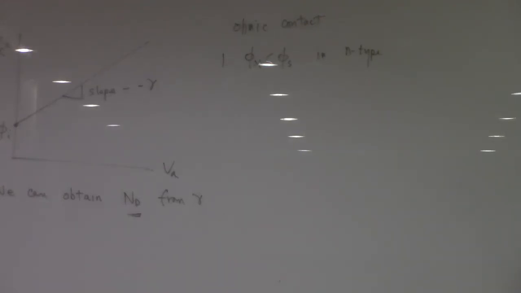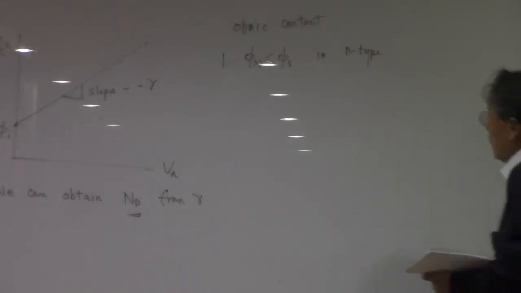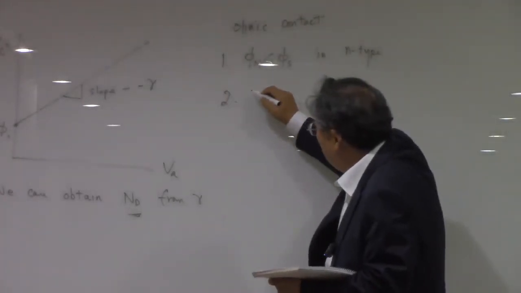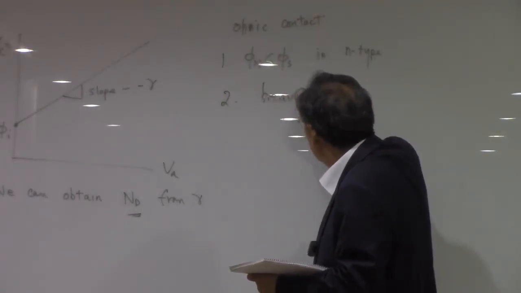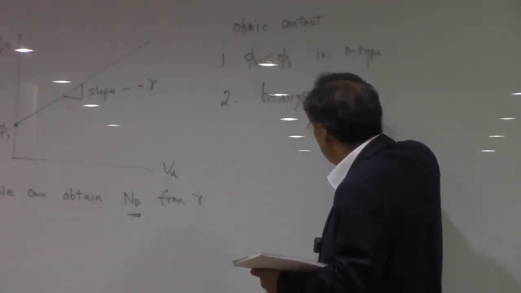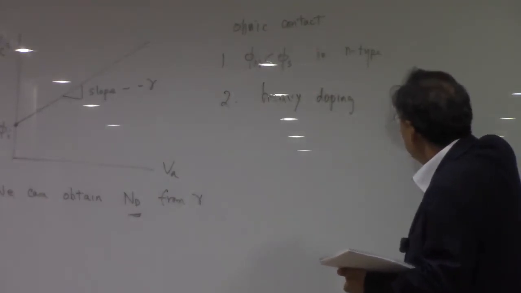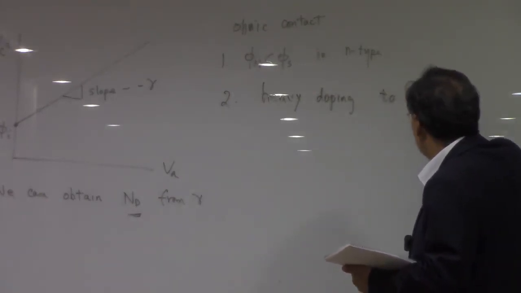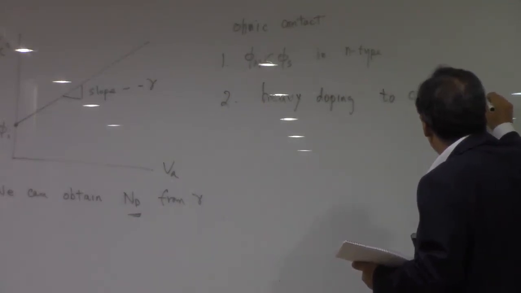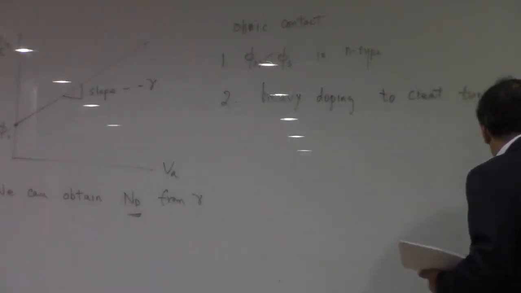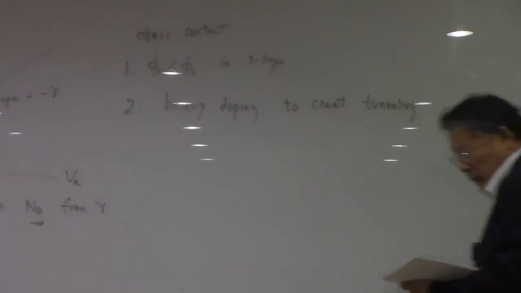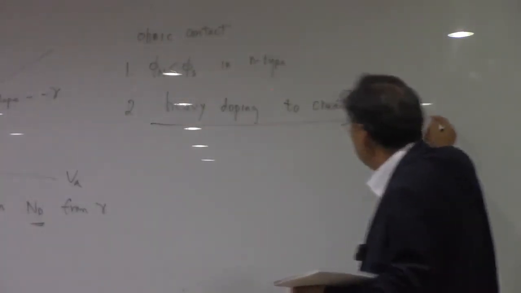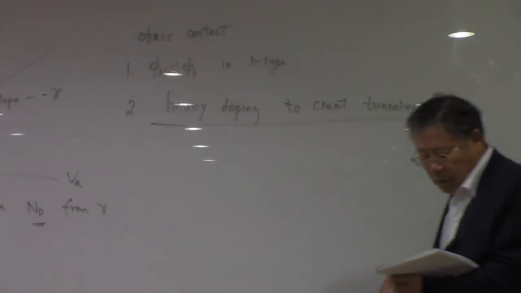Or if you have a heavy doping, then you're going to have ohmic contact. Let me explain about this heavy doping for tunneling.